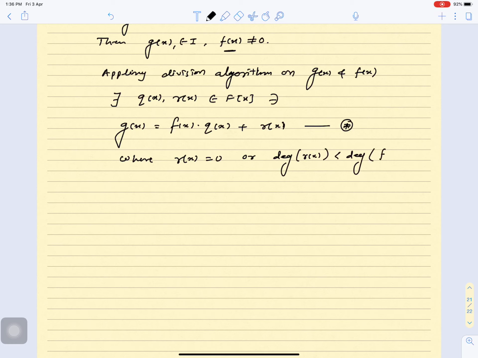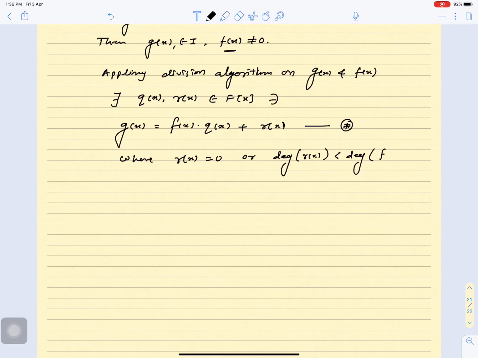It means that this is not possible. So r(x) must be 0. Our assumption that r(x) is not equal to 0 is not possible, as it gives a contradiction.